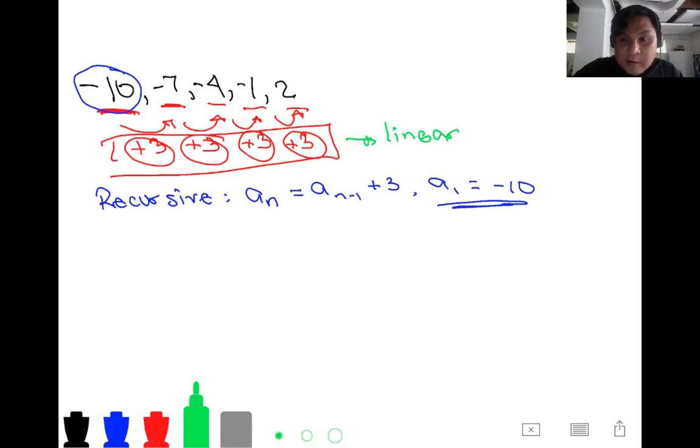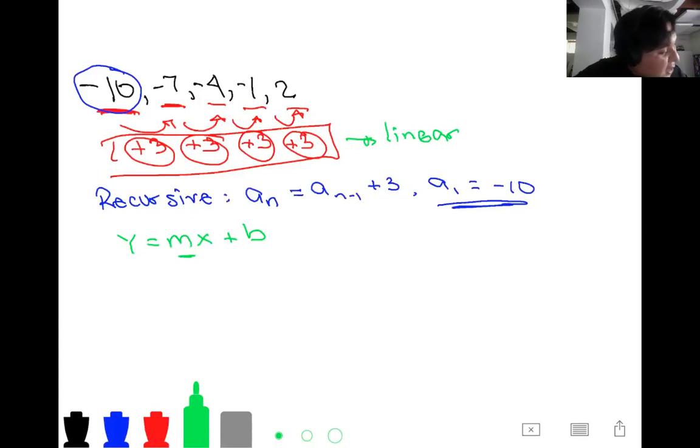If it's a linear function, then it should follow the form y is equal to mx plus b. Now the m, the slope, is how much the next y value goes up or lower as you move one step towards the right.